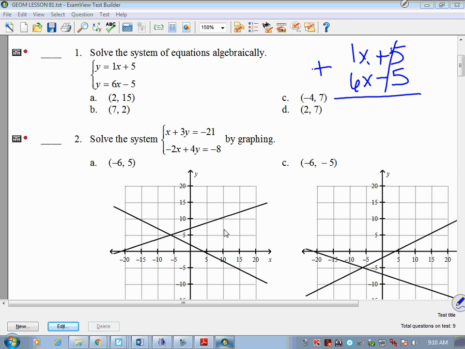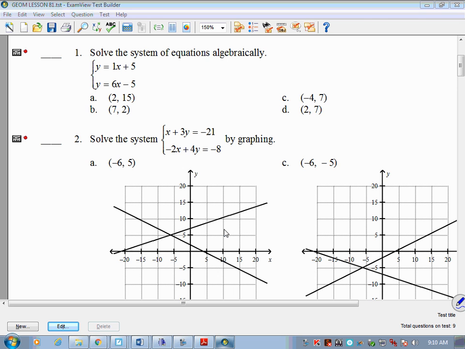So I'm going to get 1x plus what? 6x. So I'm going to end up getting 7x equals y. Actually, what we'd want to do here, and this is where I make a mistake, so you get to see this on video, I guess.